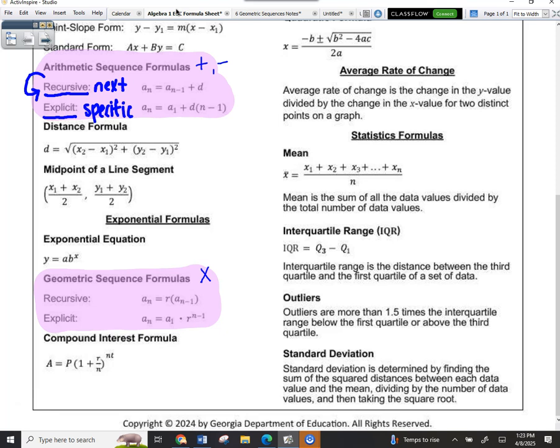So yes, and difference does mean subtracting, or it can mean if you're adding. Ratio means what? Ratio? It's under the geometric formulas because what letter does ratio start with? R. And what's in the geometric formulas? R.